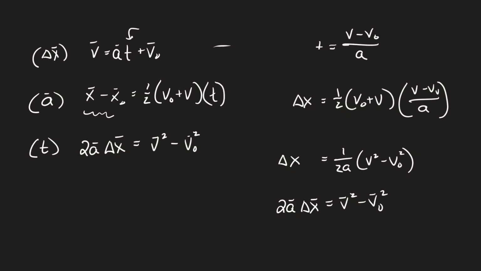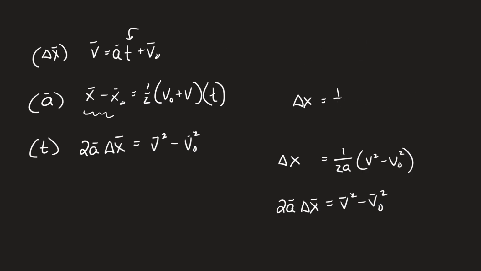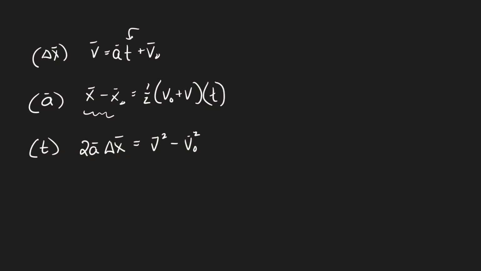If you're really shrewd, you probably realize we could generate another 1 or 2 of these, each one missing 1 of the motion variables. I am going to do this one more time, because I want you to see one more thing. So I'm going to eliminate final velocity between these two. I'm going to take everything that's here and plug it in for final velocity right there.